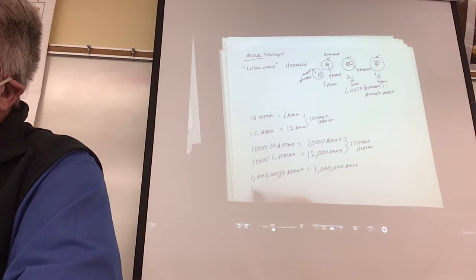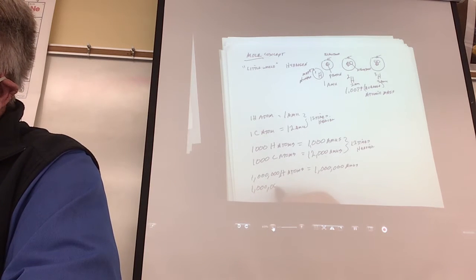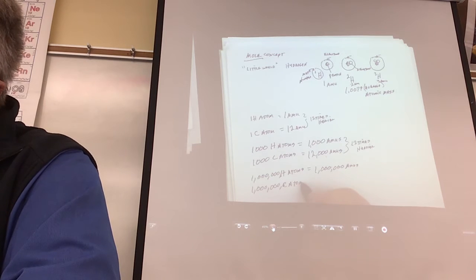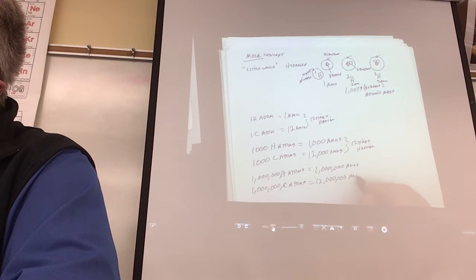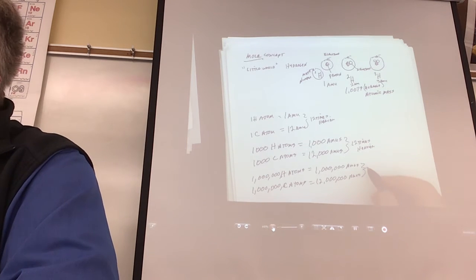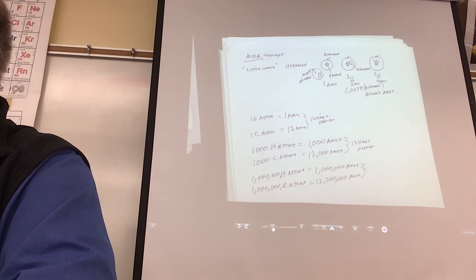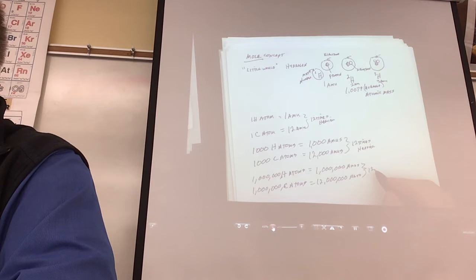And what about 1,000,000 carbon atoms? 12 million. Excellent. Now, you're getting close to understanding this. And guess what? As long as you give me equal numbers of each type of atom, what can I always say? The carbons will always weigh 12 times more than the hydrogens.